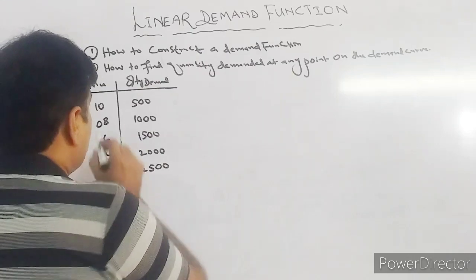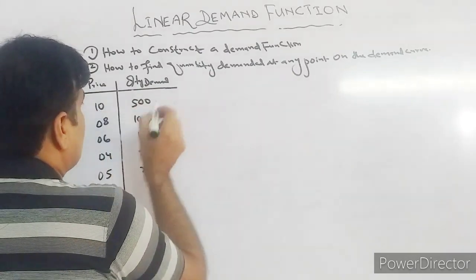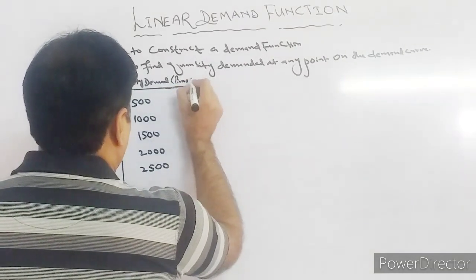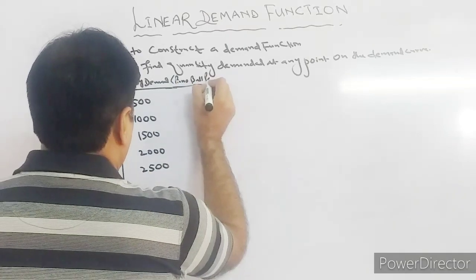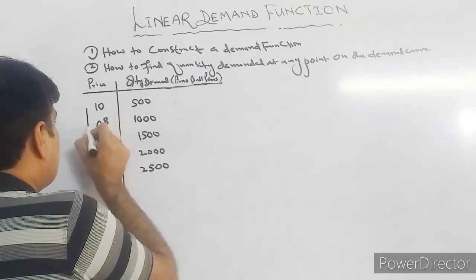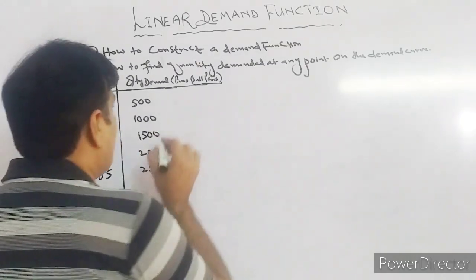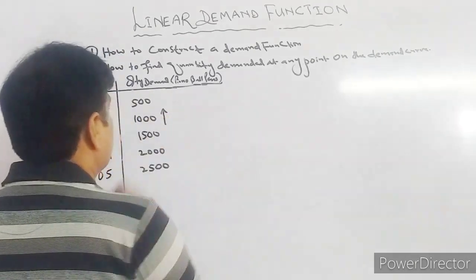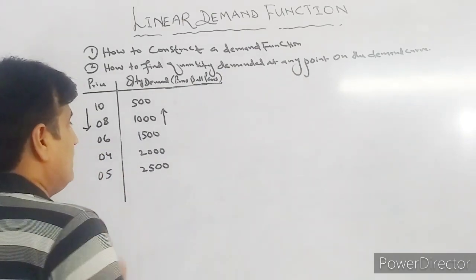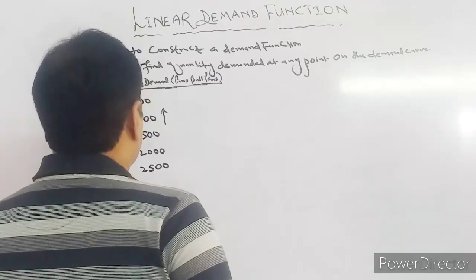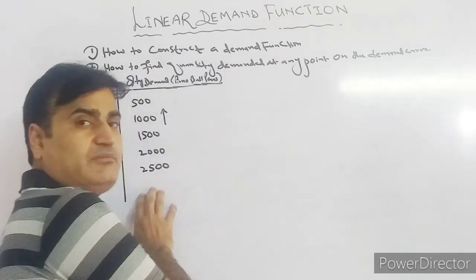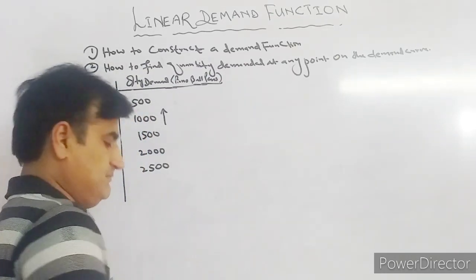When the price is 10 rupees, the quantity demanded for piano ball pens is 500. When the company decreases the price from 10 to 8 rupees, the quantity demanded increases from 500 to 1000, and as price decreases, the quantity demanded increases likewise. So from this demand schedule we have to construct a demand function.